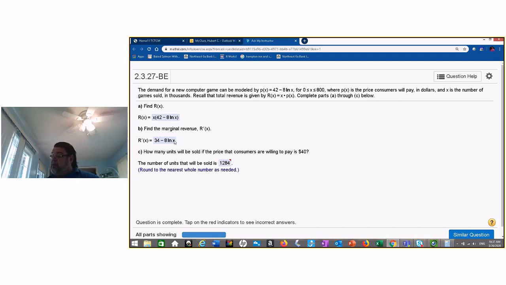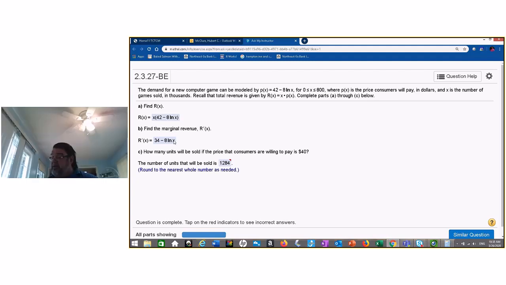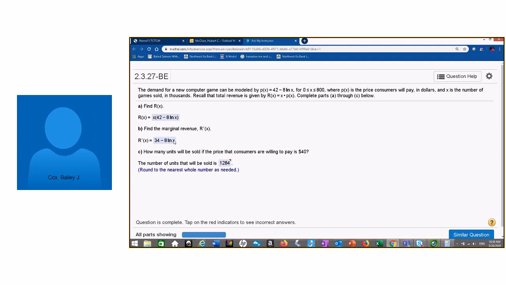Log base E, A to the Y is equal to X. That's what I got too. 40. And it says P is equal to 40. You put R equal to 40 and it says P should be equal to 40. Does that change anything? Because we used the equation from B and made R equal to 40.